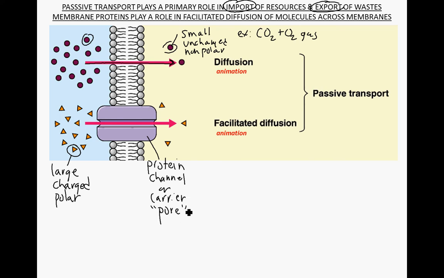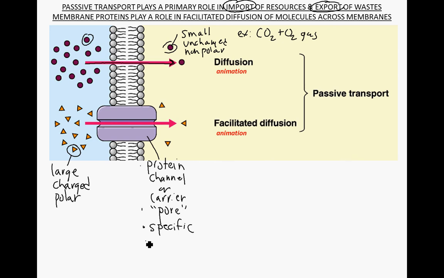These protein carriers or channels, these pores, tend to be specific. So they show specificity, meaning that you will have channels for sodium ions, say, and you will have channels for potassium ions, and a potassium ion wouldn't go through a sodium channel and vice versa.